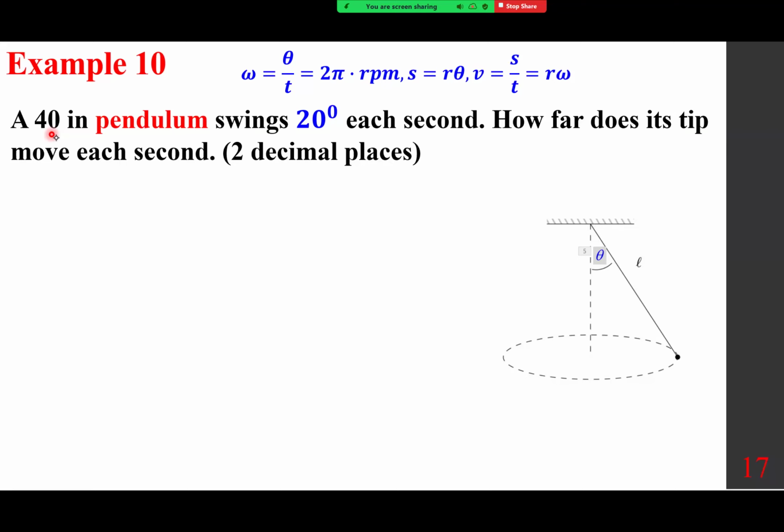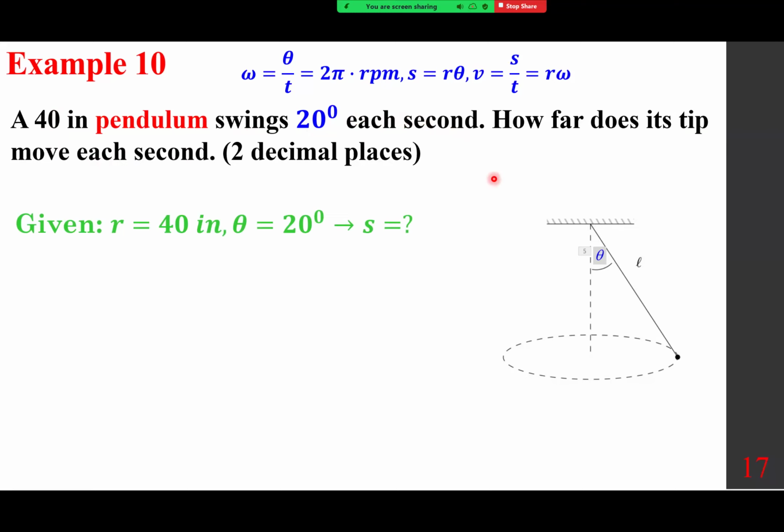R is 40. Theta is 20 degrees, because we are interested in 1 second, each second, right? S is of interest to us.